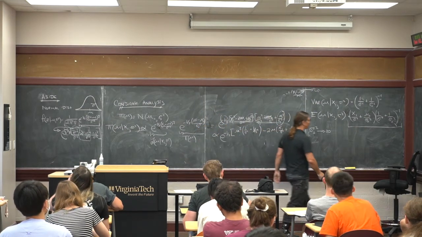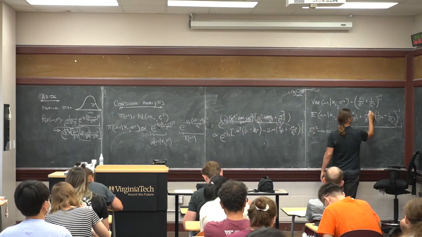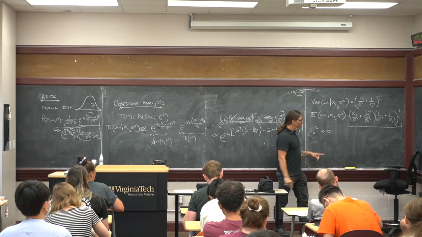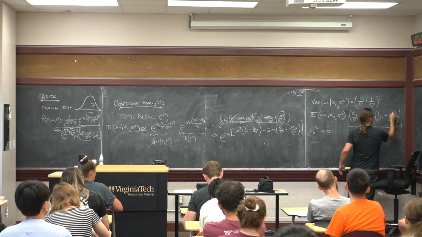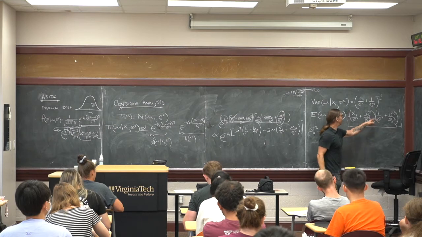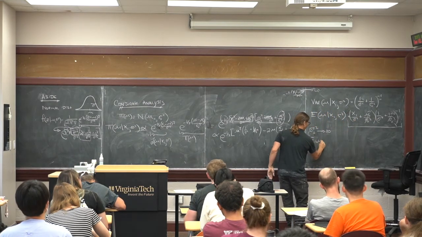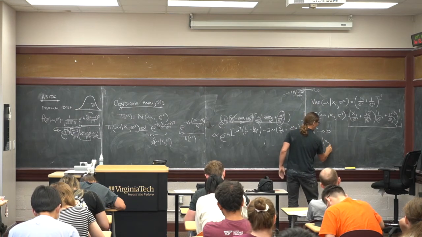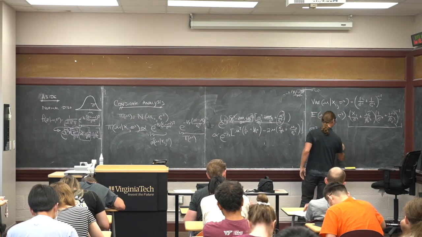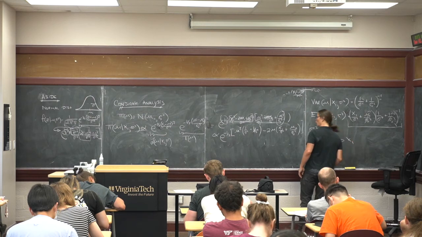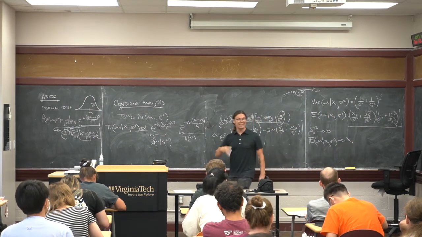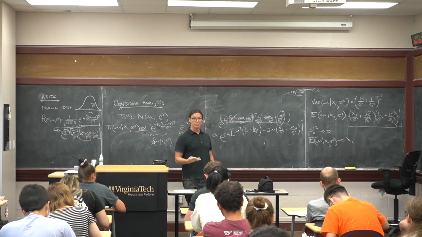What you'll find out is this thing goes to 0. And this thing also goes to 0. That sigma squared will cancel that. And the expectation of mu given x1 and sigma squared will go to x1. And that was the analysis we got under the flat prior.